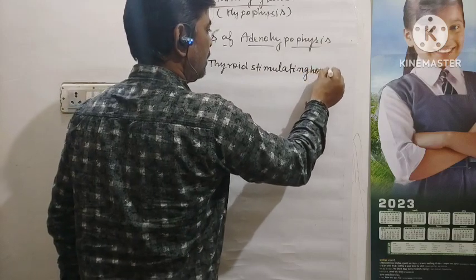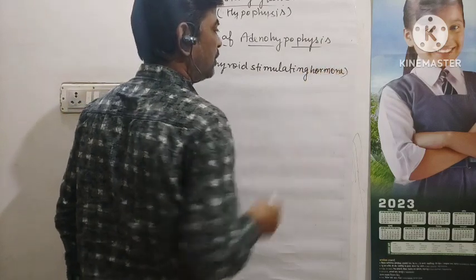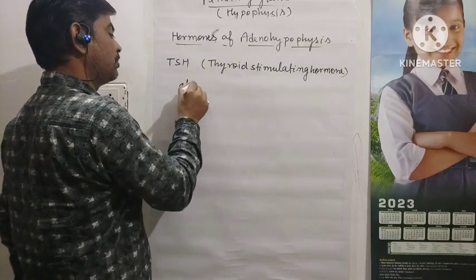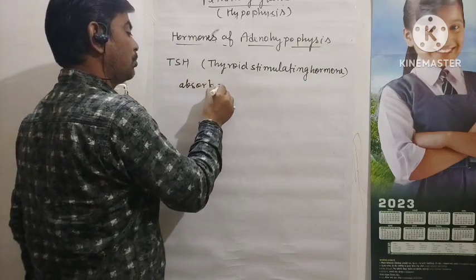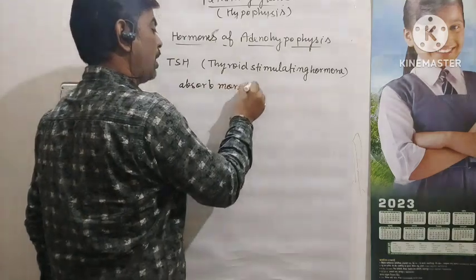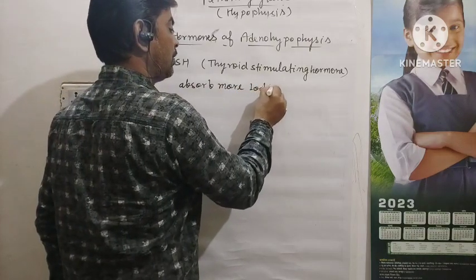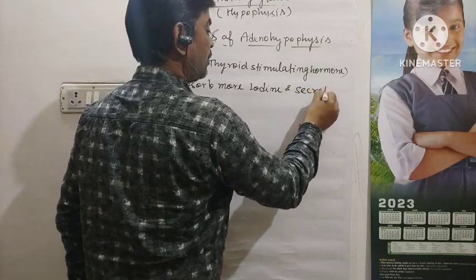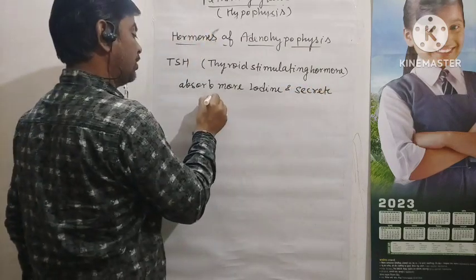This thyroid stimulating hormone enables the thyroid gland to absorb more iodine and secrete thyroxine.